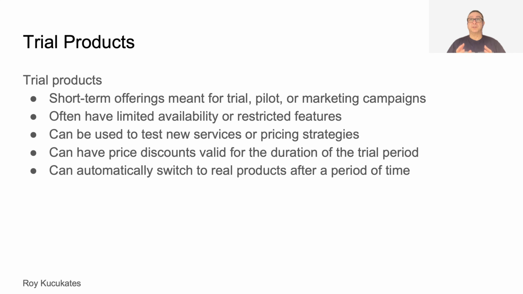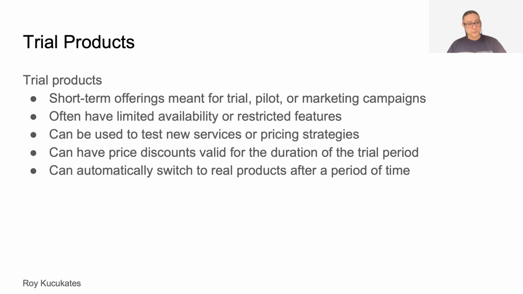Once the customer decides to purchase or switch to the normal product, they can do it earlier, or after the expiry period the trial product switches to a normal product so that the customer can continue. If they want to stop the service, they need to do it before it's switched to the real product.